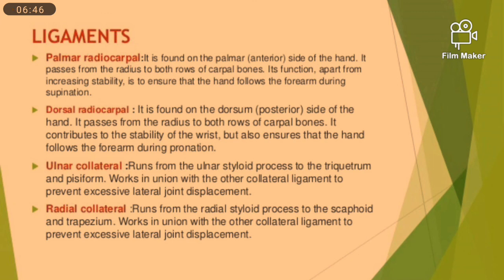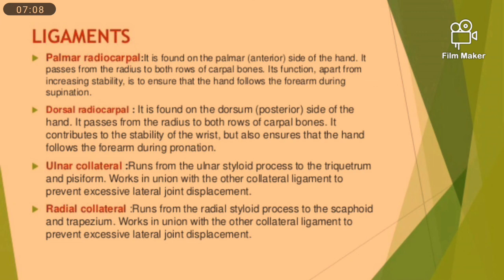The dorsal radiocarpal ligament is found on the dorsum, or posterior side, of the hand. It passes from the radius to both rows of carpal bones. It contributes to the stability of the wrist, and also ensures that the hand follows the forearm during pronation.